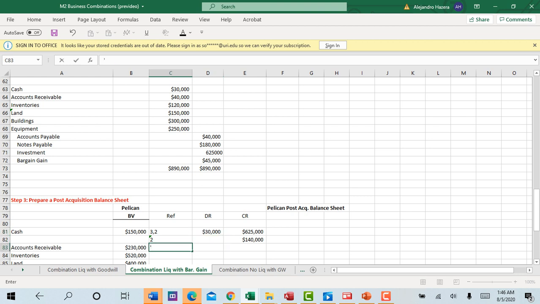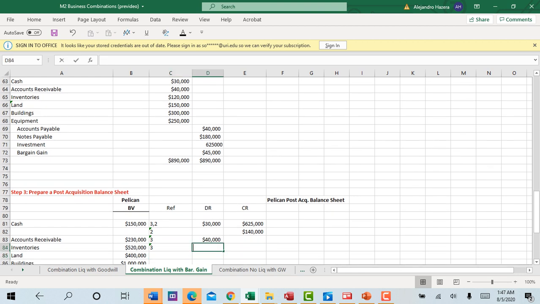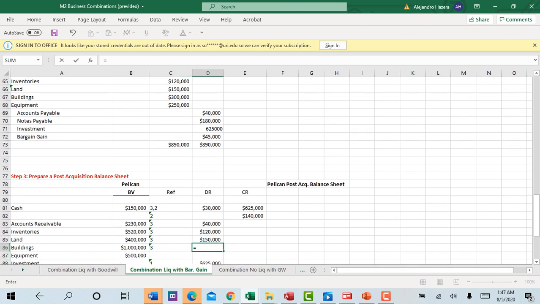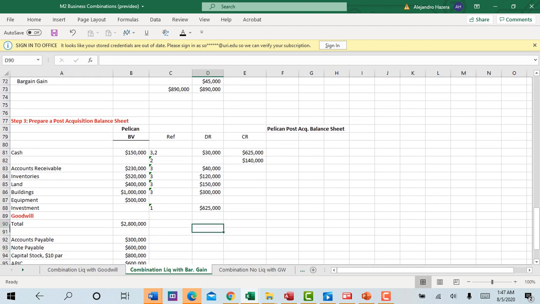Okay, and then this is 3 also, which is a debit to accounts receivable for $40,000, and then this is 3 also, which is a debit to inventories for $120, and then this is 3 also. They're all entry 3. This is a debit to land for $150. 3 also. This is a debit to buildings for $300, and equipment is equal to a debit for $250, I think.